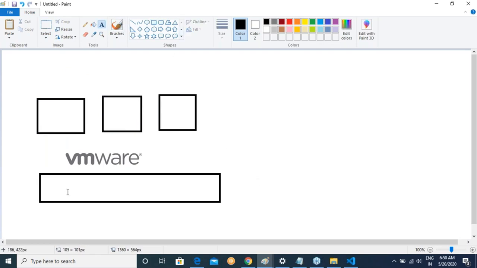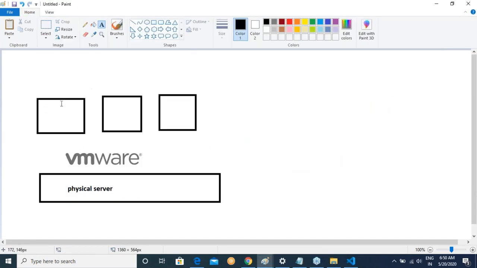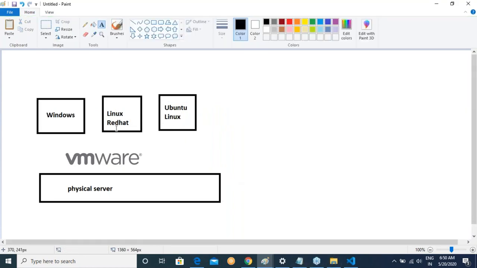So this is the physical server. And here, this could be your Windows machine. This could be your Linux, I'm writing it as Red Hat. This could be your Ubuntu machine, which is again Linux, but from a different flavor. So the whole point which I'm trying to tell is, you have one physical server, and on this one physical server, you are trying to create virtual servers.